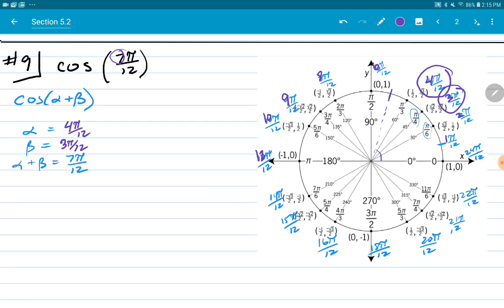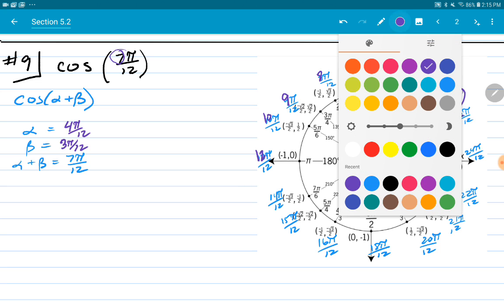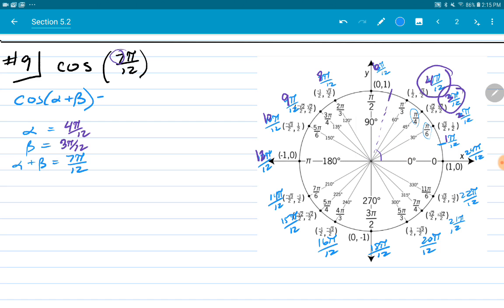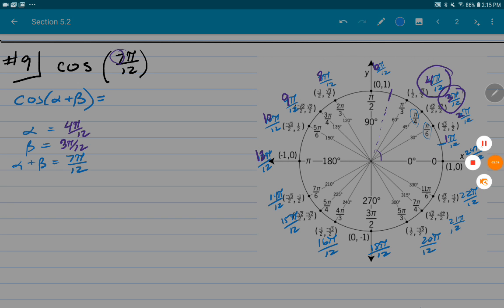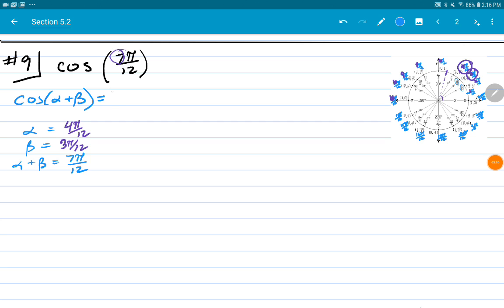Okay, so now we have to remember the formula. Cosine of alpha plus beta, the formula for that is cosine alpha times cosine beta, the opposite sign, and then sine alpha sine beta.